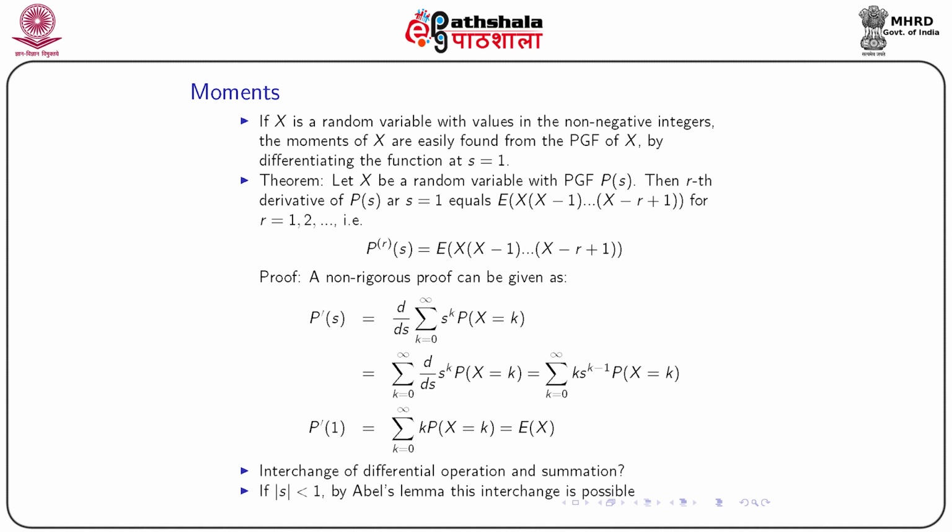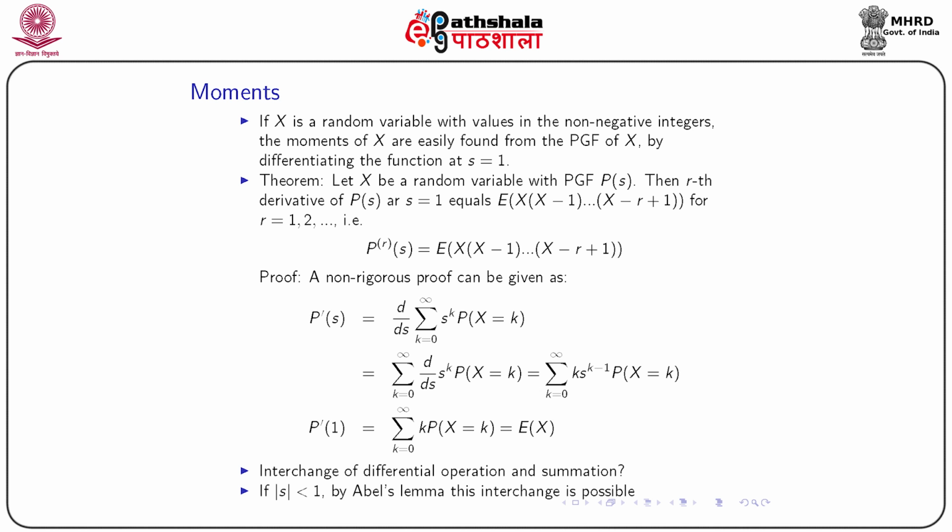Then the rth derivative of P(s) at s equal to 1 equals the expected value of X(X minus 1)...(X minus r plus 1), for all r belonging to 1, 2, 3 and so on. So the rth order derivative of this probability generating function will result in some moment.